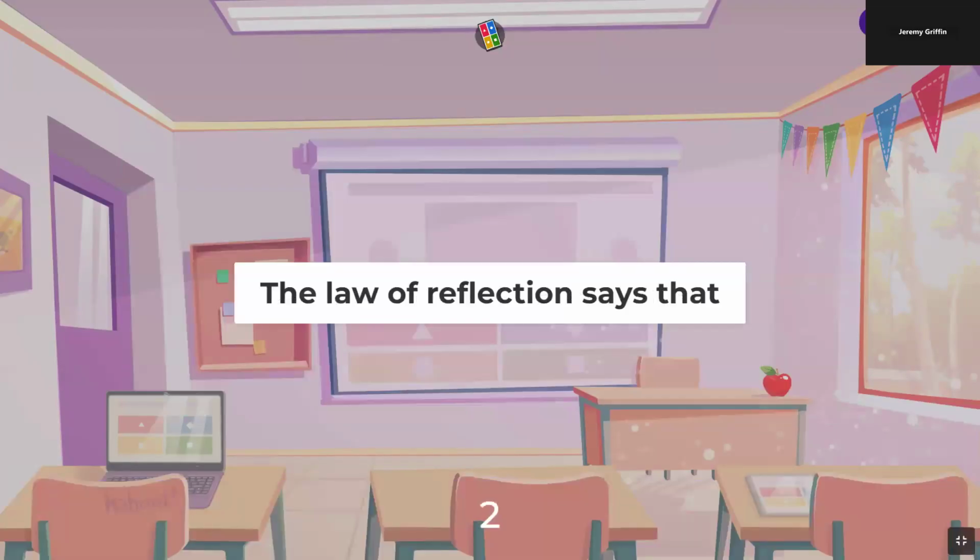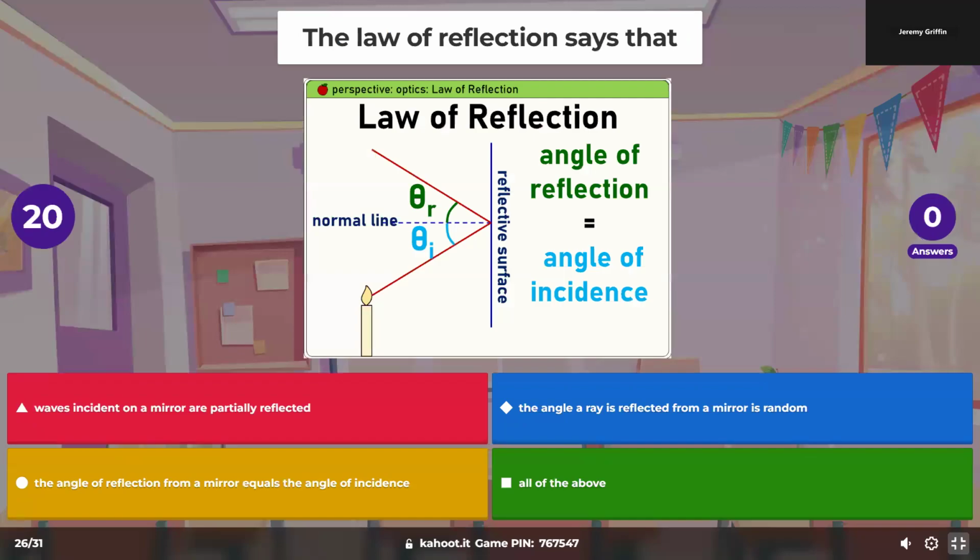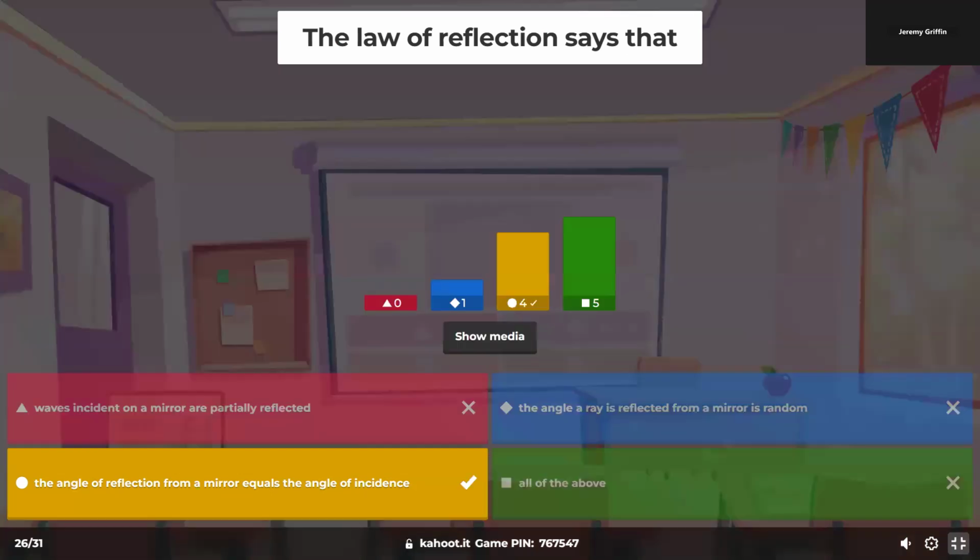The law of reflection. All right. So another throw smaller.